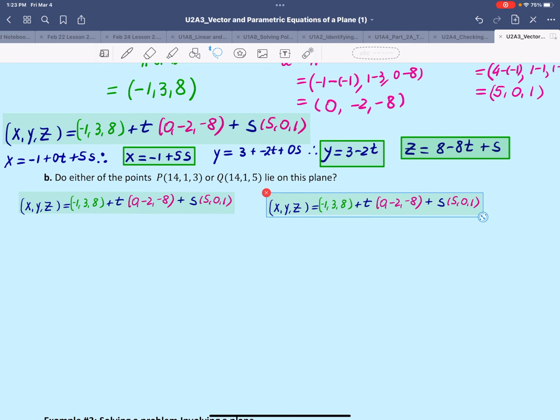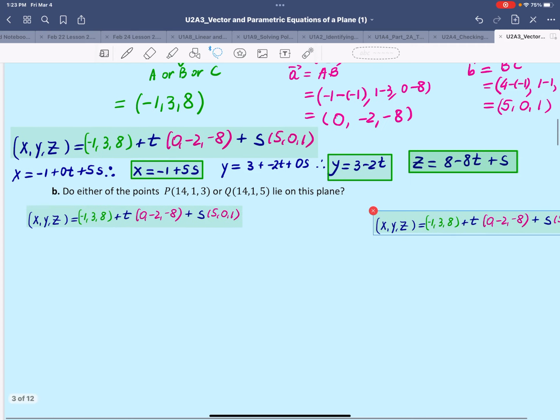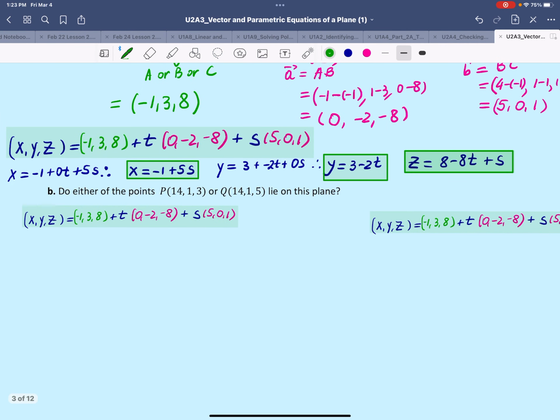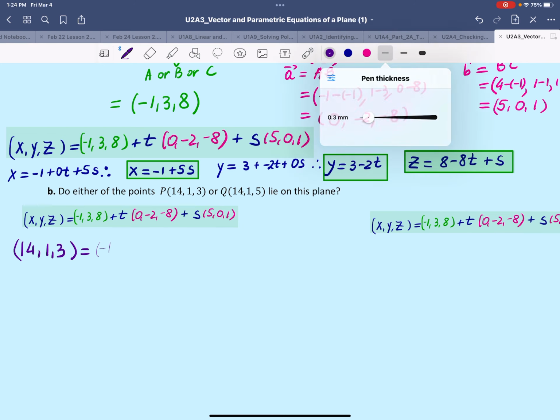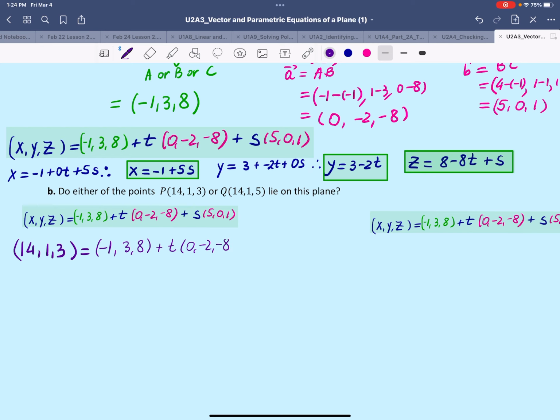So for point P, which has the coordinates 14, 1, and 3, we need it to be equal to negative 1, 3, 8 plus t, 0, negative 2, negative 8 plus s, 5, 0, 1.